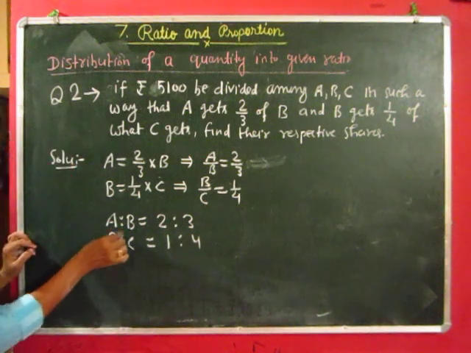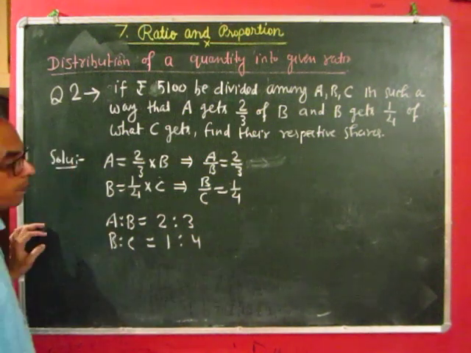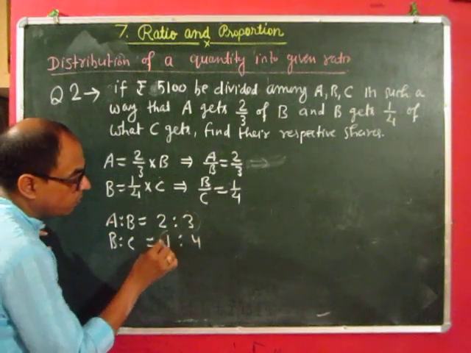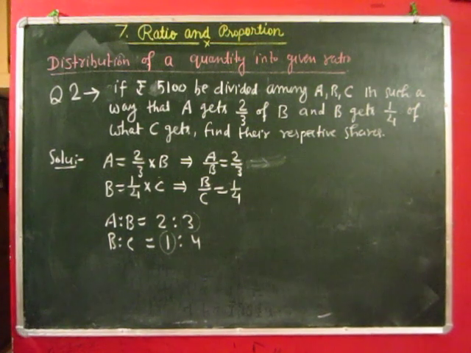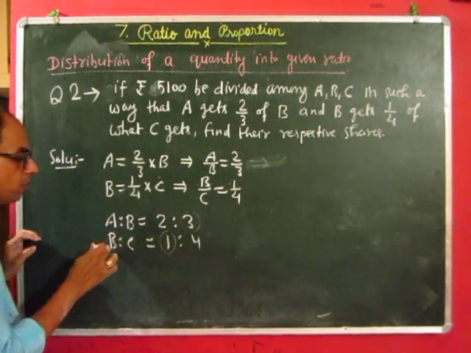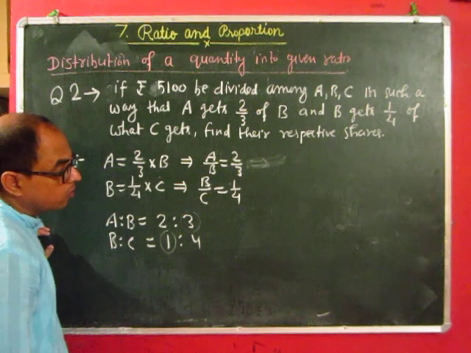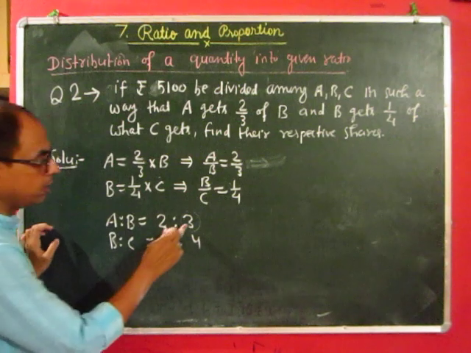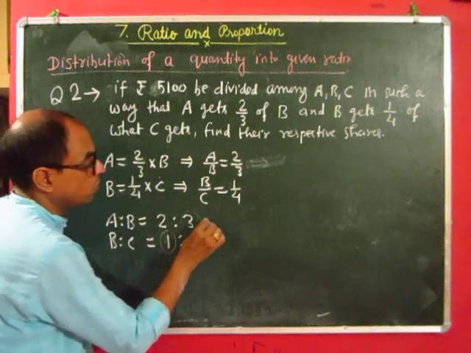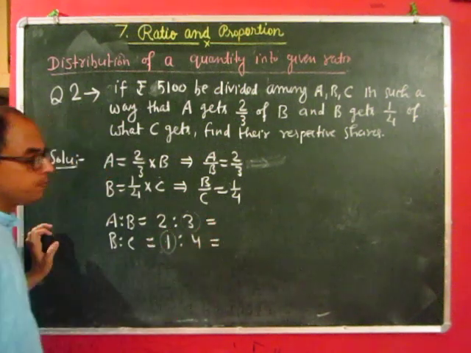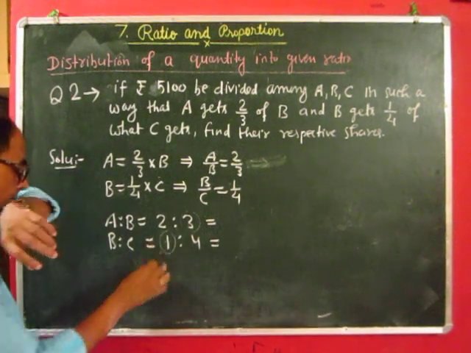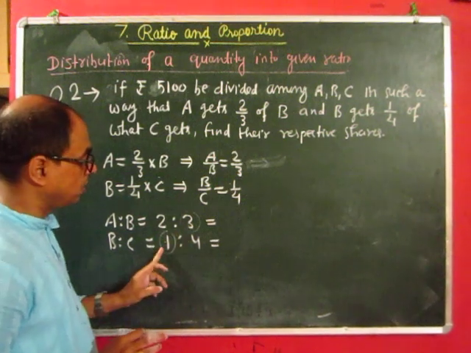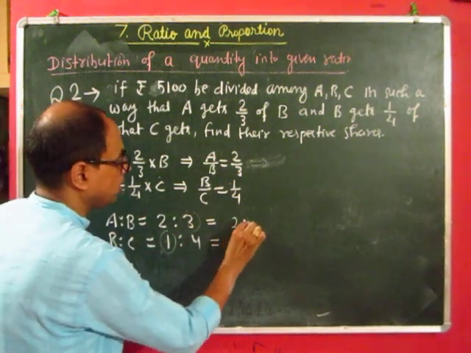Now B is the common term in the two ratios, so the value of B in both the ratios must be equal. Here it is 3 and here it is 1. These are not equal, so first of all make them equal. Clear? The LCM of 1 and 3 is 3. So convert this into 3. It is already 3, so it stays 2:3.